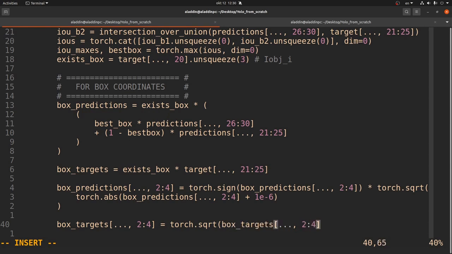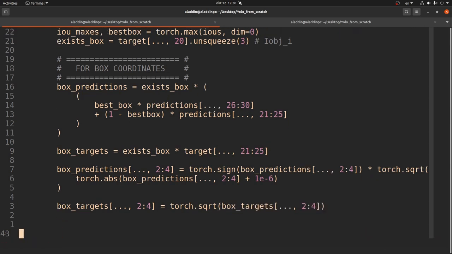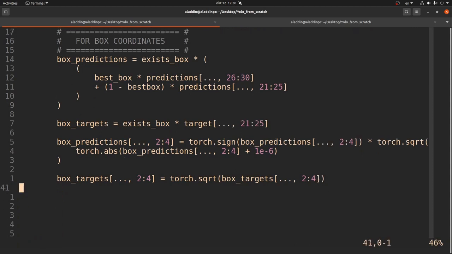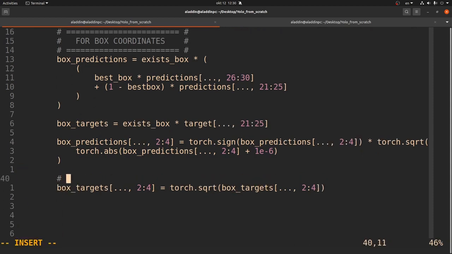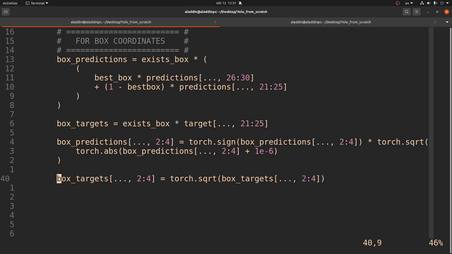And maybe one thing I should be clear on is that all of them are going to be N, S, S, and in this case 25. So we want to make sure that we do this for all of these dimensions. We have an example dimension, but we also have S by S cells. Yeah, so that was just one thing.